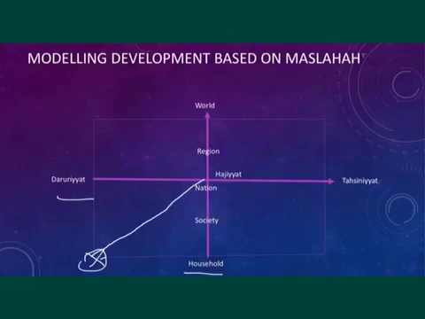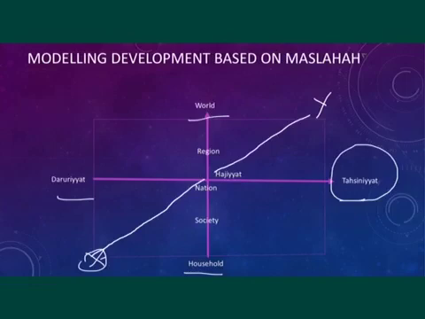From here, focus can also continue to go to the regional level and then up to the global level, achieving level Y here. And this is a very ideal situation. At the global stage, we achieve good living conditions depicted by tahsiniyat or embellishment fulfillment.